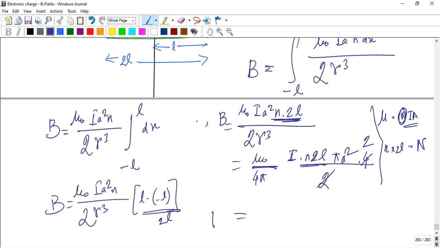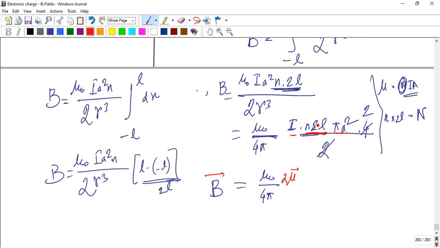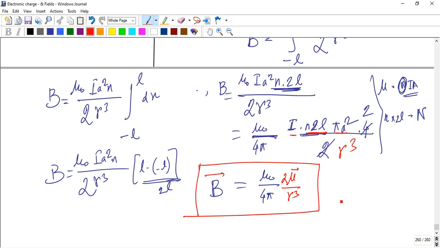So finally we get B equal to mu 0 by 4 pi, capital N times area times I, that is equal to mu. And there is a 2, so 2 mu, obviously a vector, by R cubed. Okay, that is the magnetic field expression.